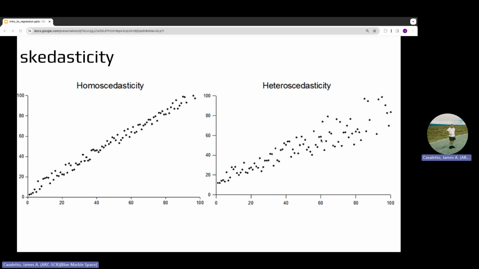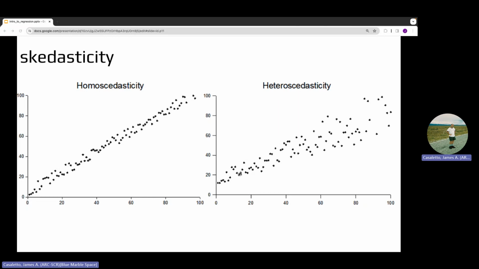Now, there's a term called homoscedasticity and heteroscedasticity, which describe how much the data varies as the size of the data changes. So as we go from left to right, for example, for the homoscedasticity plot, you can see that the variance, or how much the data varies between the data points, doesn't vary very much.